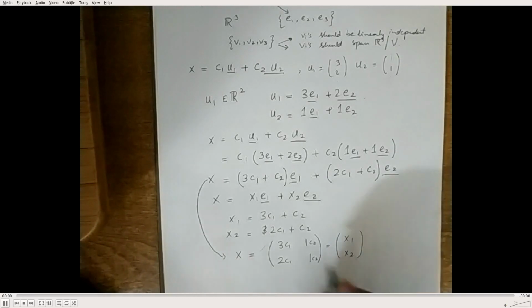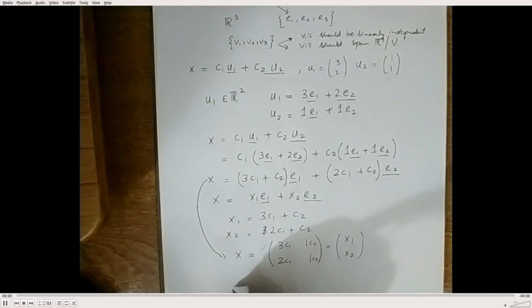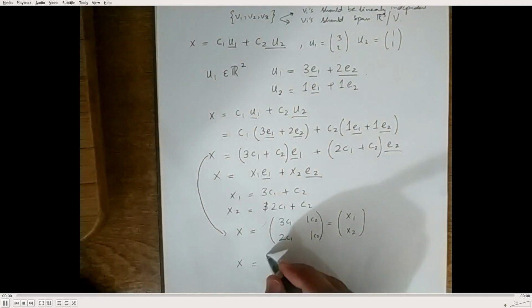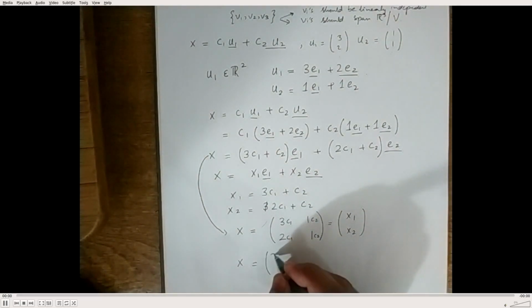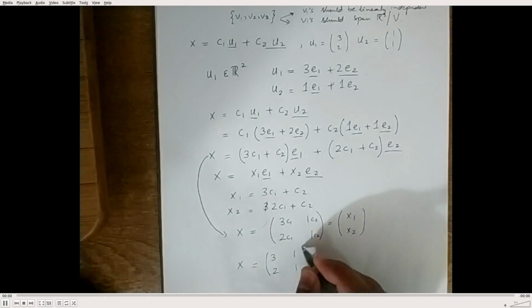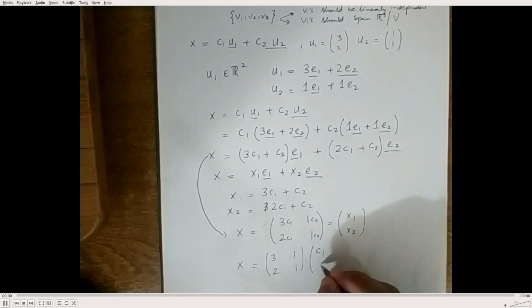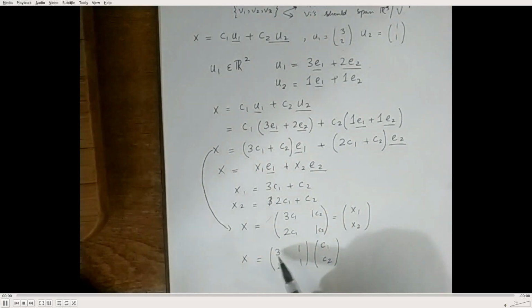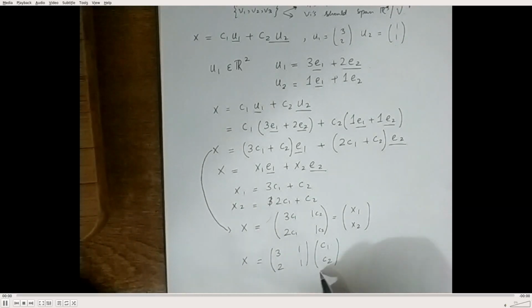So I'm writing this as this. Now we can express this as a matrix vector multiplication, separating the coefficients and the vector C1, C2. Note that when you multiply this matrix with this vector, you get 3C1 plus C2 and 2C1 plus C2.